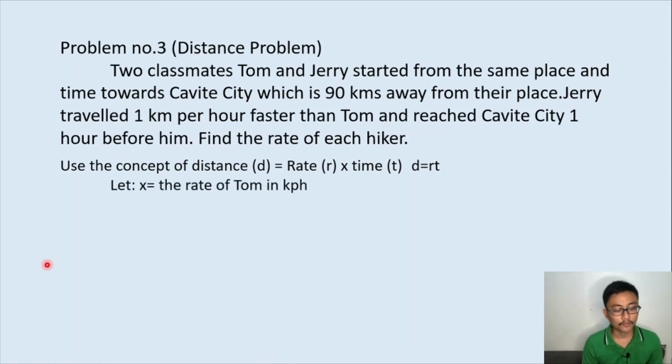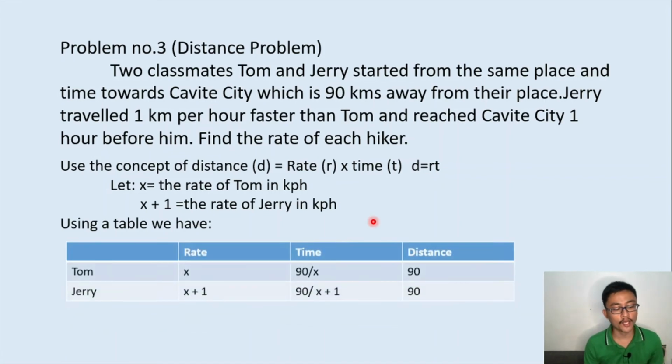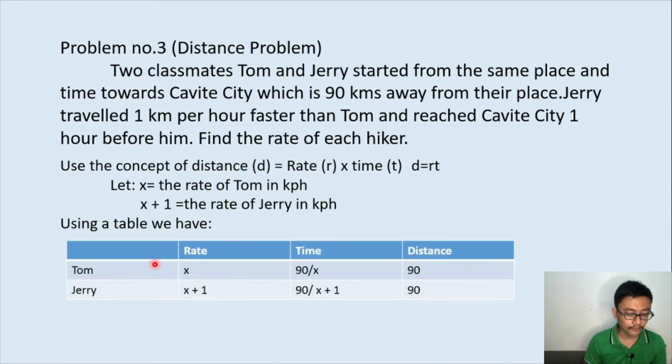Then we're going to let x be the rate of Tom in kph, kilometers per hour, and x plus 1 the rate of Jerry in kph. Now, using the table, sa rate, alam naman natin, based dun sa word problem, na mas mabilis si Jerry ng 1 kilometer per hour.